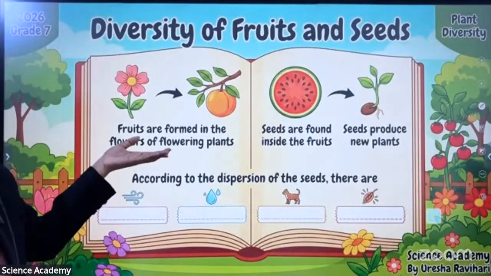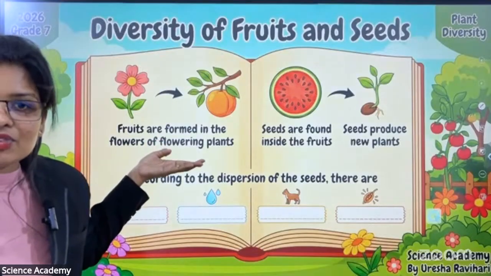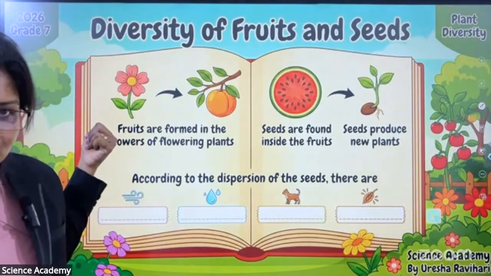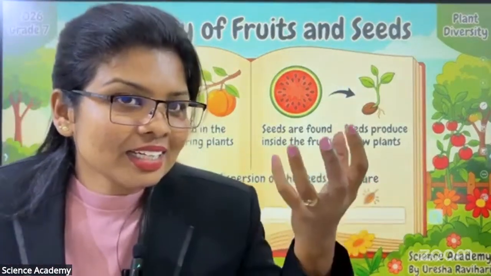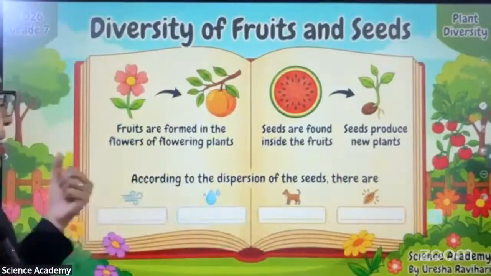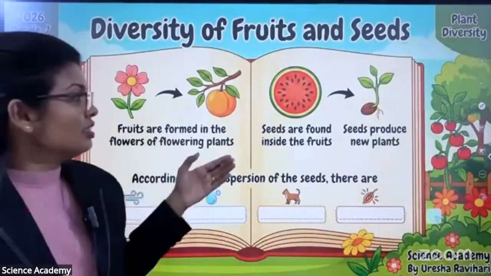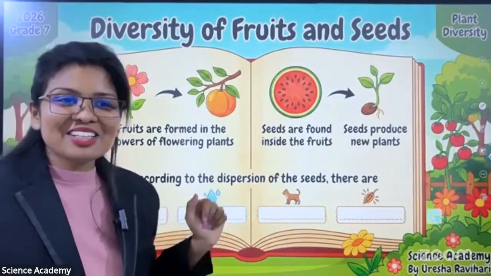It is mentioned that fruits are formed in the flowers of flowering plants, children. Seeds are found inside.